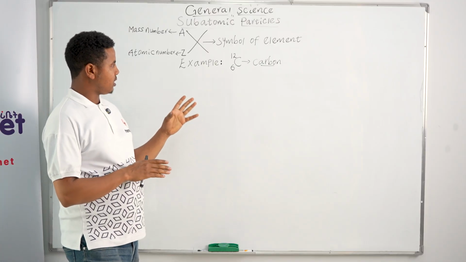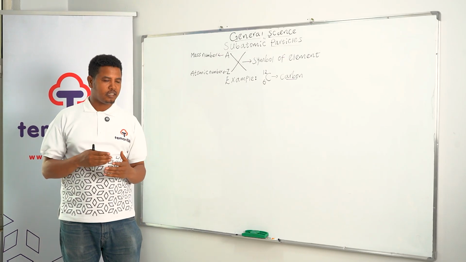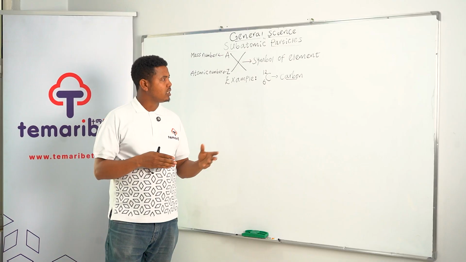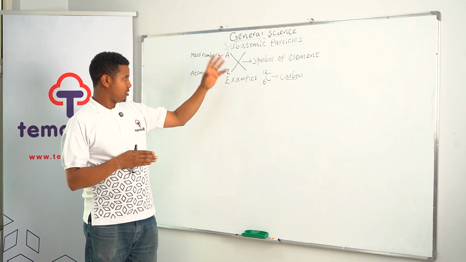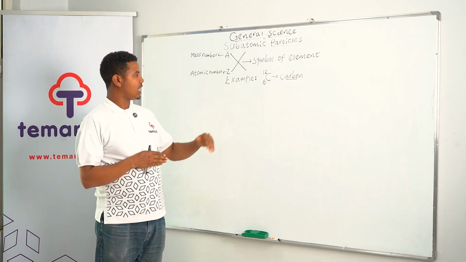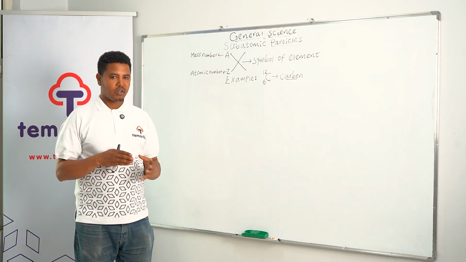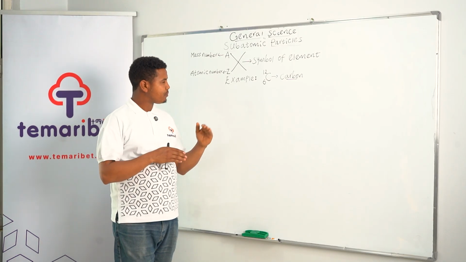Now let's see how to calculate the number of particles from a given symbol of an element. Every element has a symbol, atomic number and mass number. We mostly get them in a periodic table.